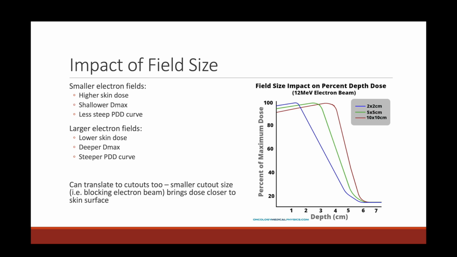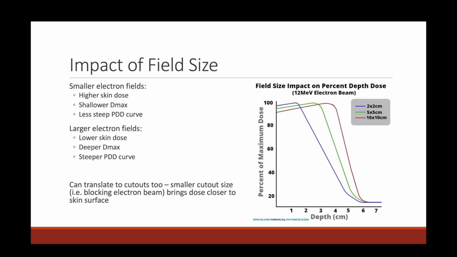This concept, I think, is a little bit more difficult to wrap my head around. But what I basically think about is that as the field size increases, there are more electrons from the outside of the field, from the periphery of the field, that are being scattered towards the middle.